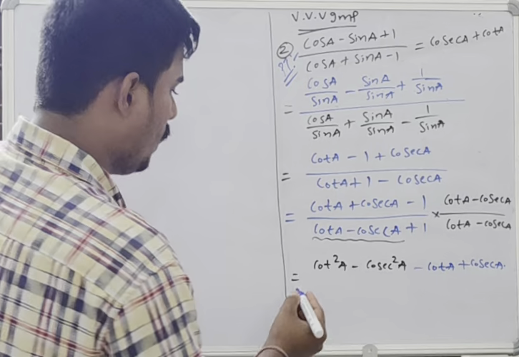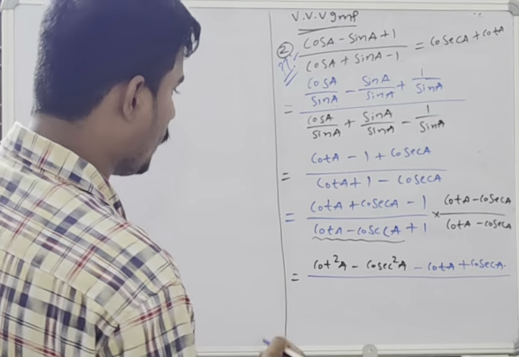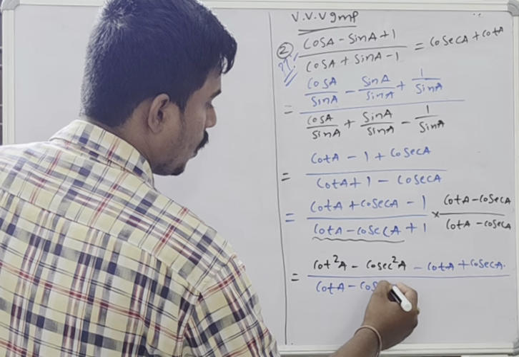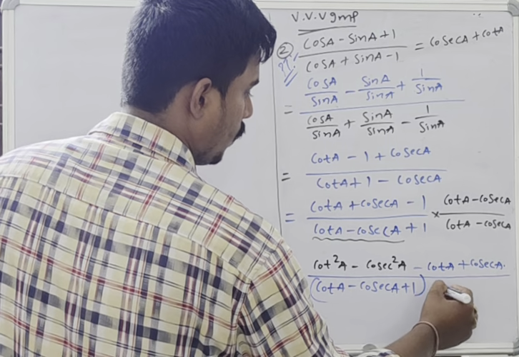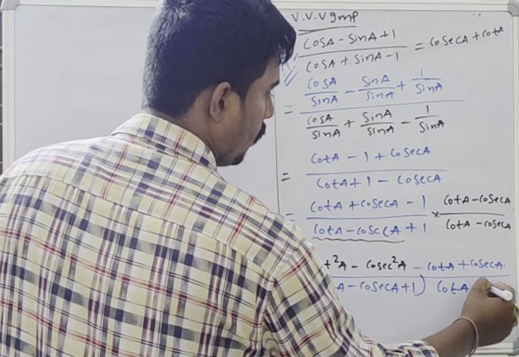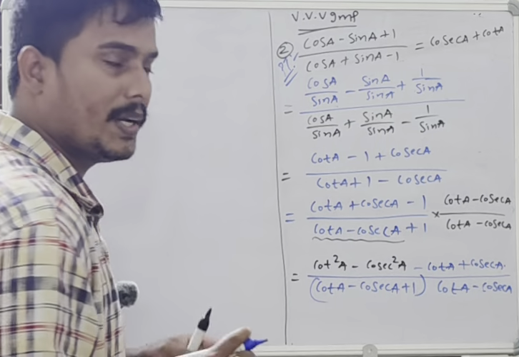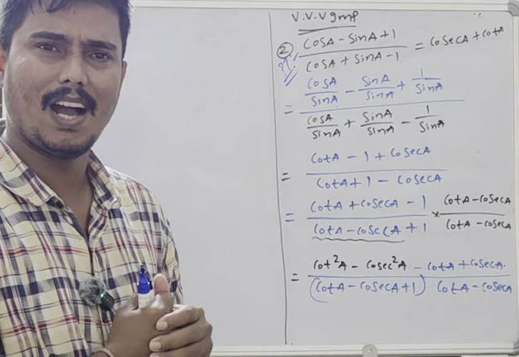Okay, now the denominator stays as it is, we are not touching the denominator. The denominator is cot A minus cosecant A plus 1. Sir, what did you gain by this? I have some idea.